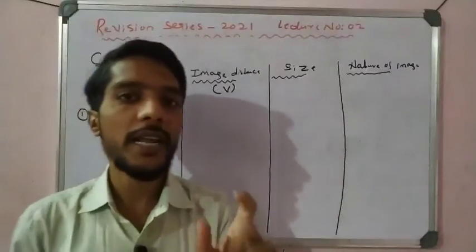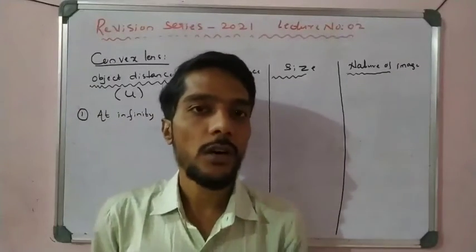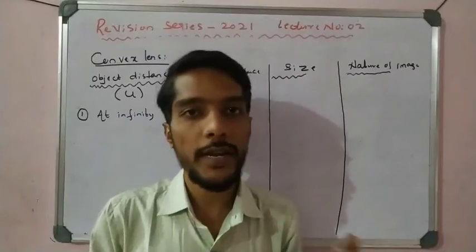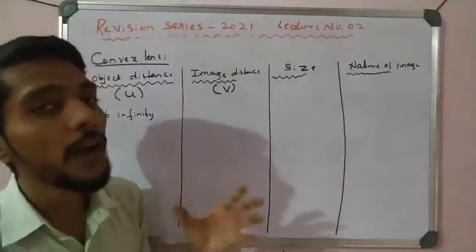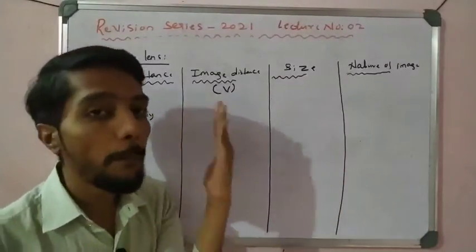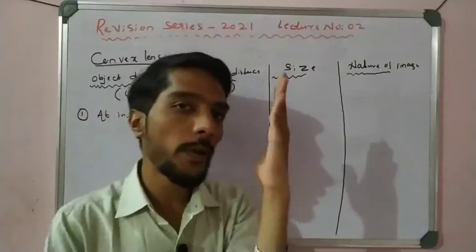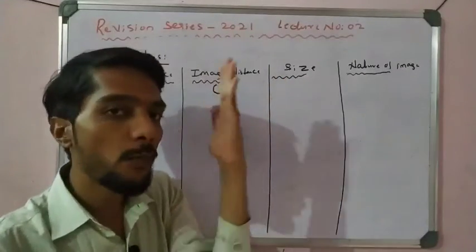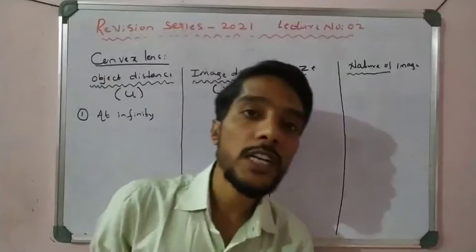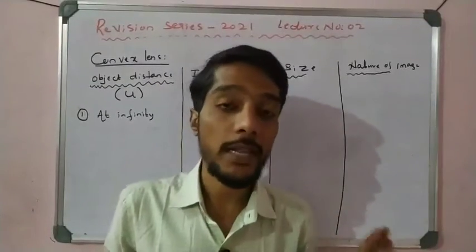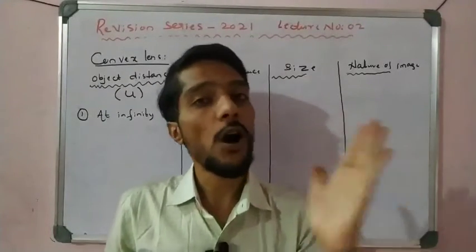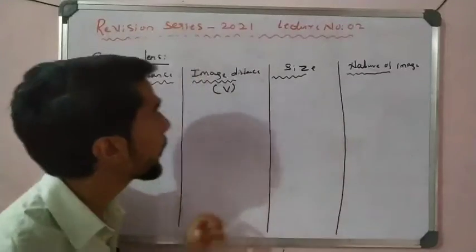In the practical we take a candle or a torch or a pin as a source of light. The object is always perpendicular to the principal axis, and the object is always on the left side of the lens. You have to remember that.